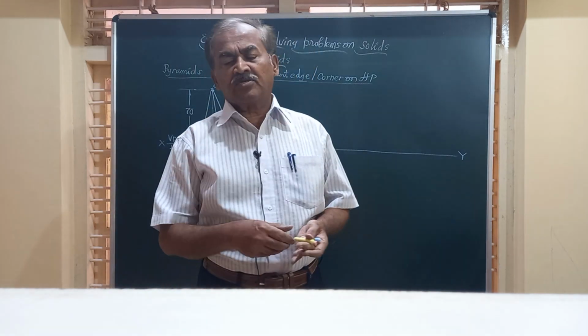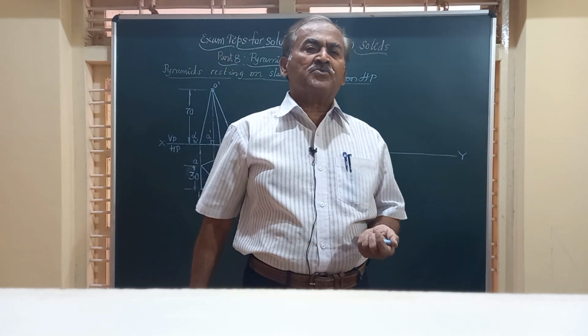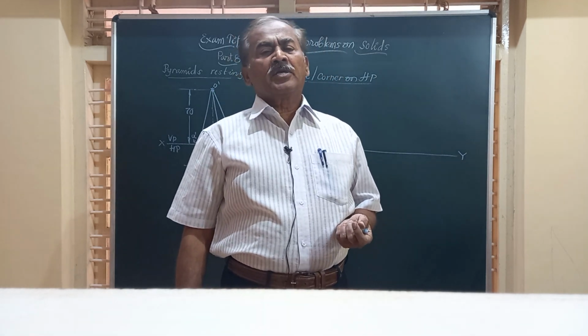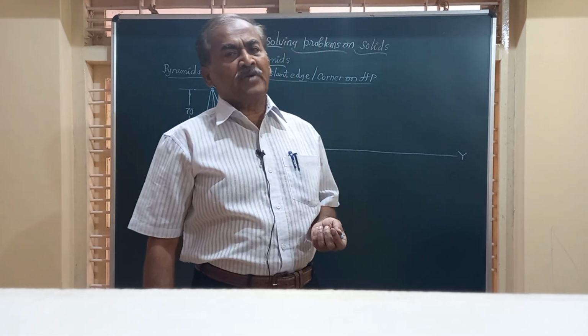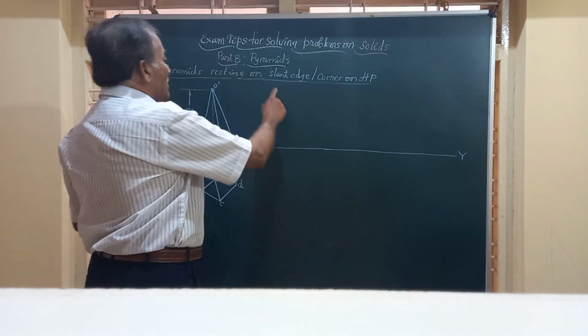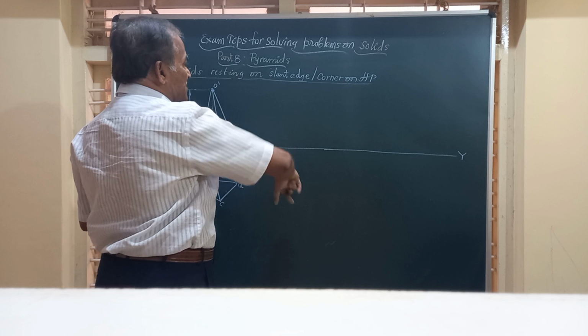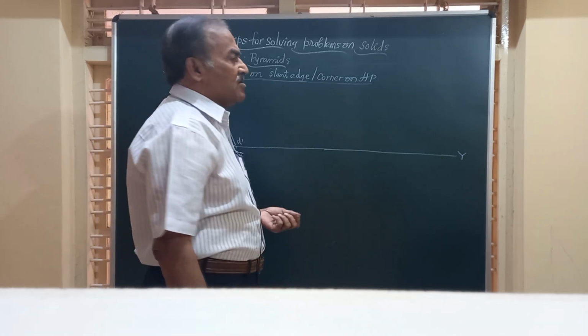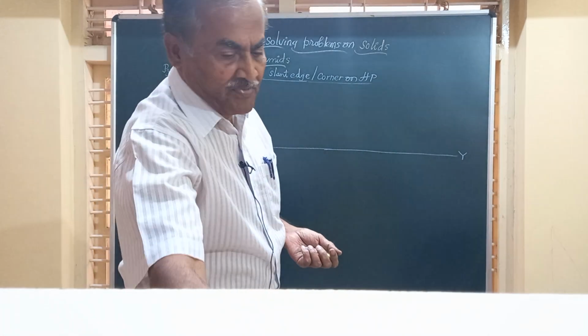Very good morning, friends. In today's video, we are going to work out a problem on a pentagonal pyramid which has to rest on one of its slant edges in the first case, and in the second case, we are going to have it resting on a corner on HP.